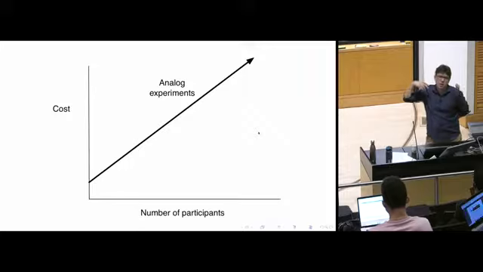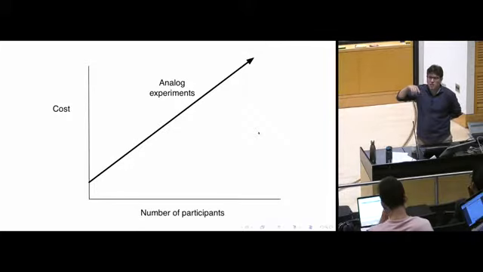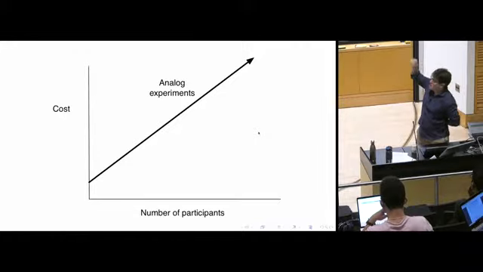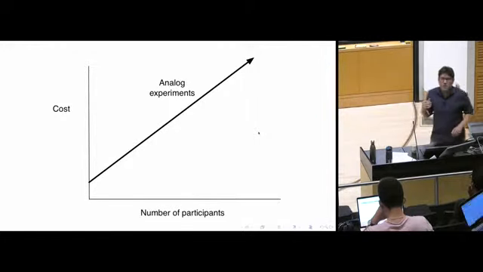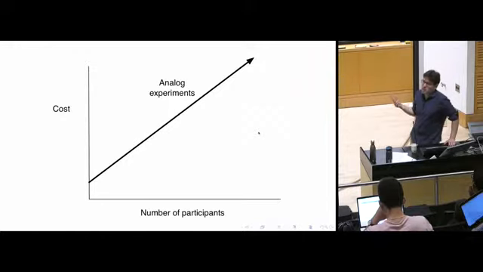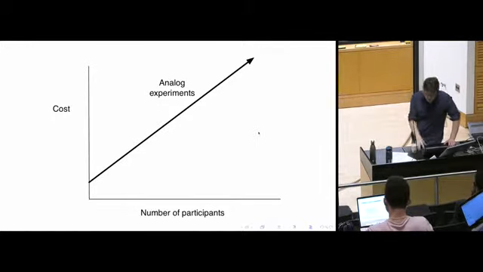This fixed cost is like having space for a lab or things like that. And then for each participant, the costs go up by a fixed amount. So if you want to double your number of participants, you need to roughly double your cost. If you want to increase your participants by a factor of 10, you roughly need to increase your cost by a factor of 10. So this makes really large experiments very difficult.